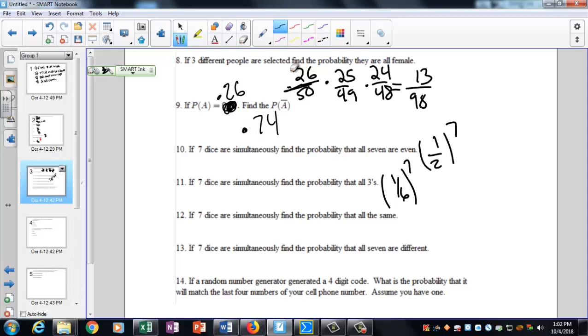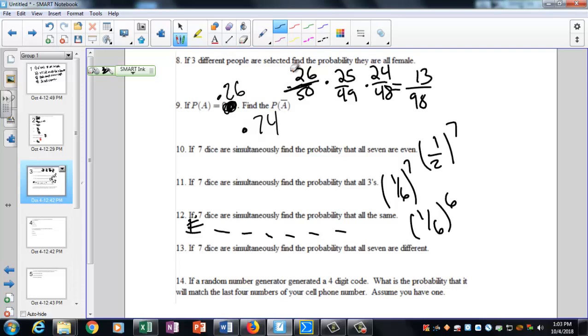What's the probability that they're all the same? This is where it gets a little bit tricky. What is it? 1 out of 6 to the 6th power. Why? You got 7 dice. 1, 2, 3, 4, 5, 6, 7. It doesn't matter what this one is.